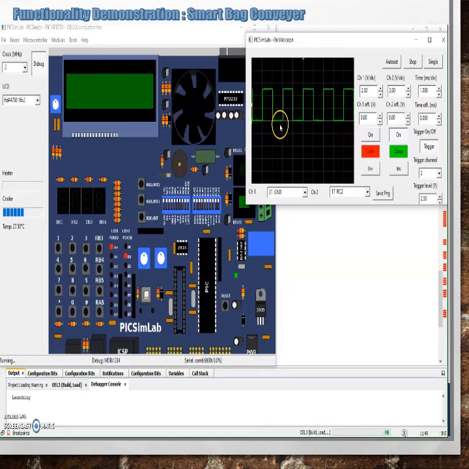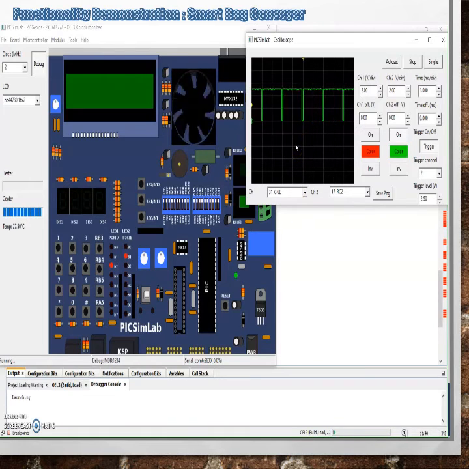Then we can see our oscilloscope will show the increase of speed, and the LED will also show the indicator lamp. In this 95% condition, we can see that if there is detection, it will keep running.